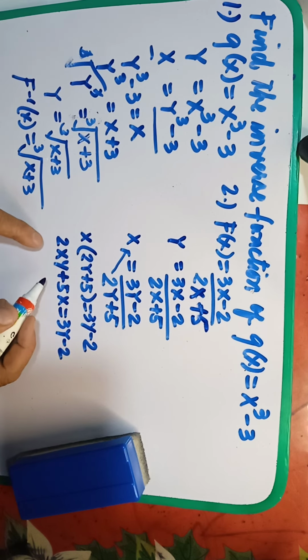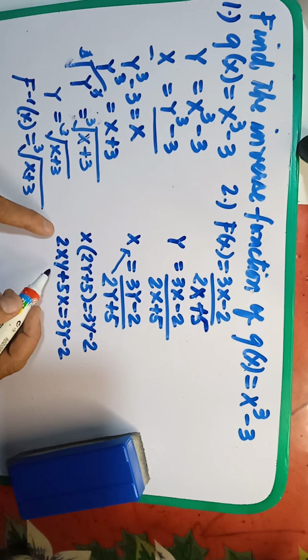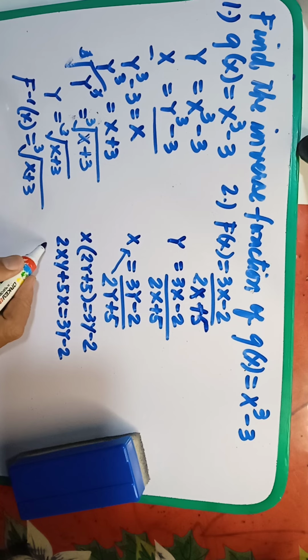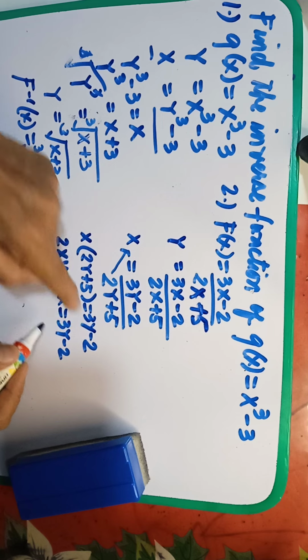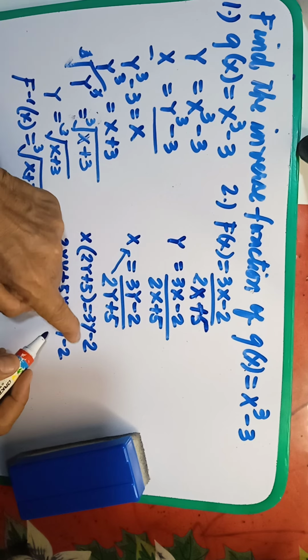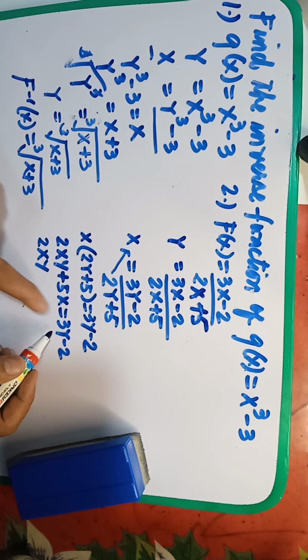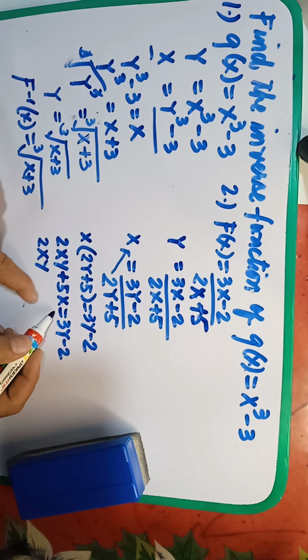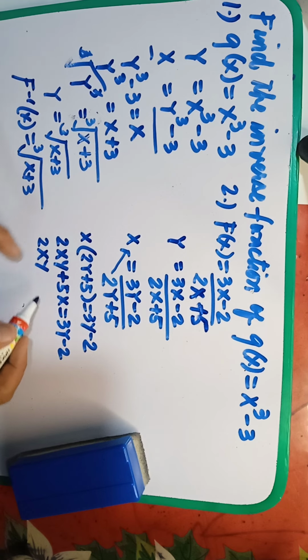So we group the terms with y in one side of the equation, that is in the left side, and all the rest in the right side. So we have 2xy. By virtue of the addition property of equality, we are going to jump 3y over the equal sign to transfer to the other side, and we change the sign.